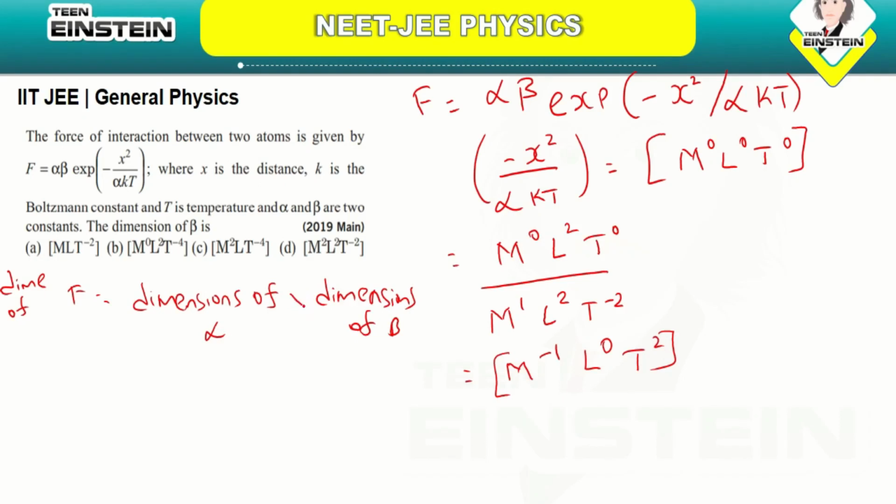Okay, so this is multiplication. So you will be having the dimensions of beta is equal to dimensions of f by alpha.